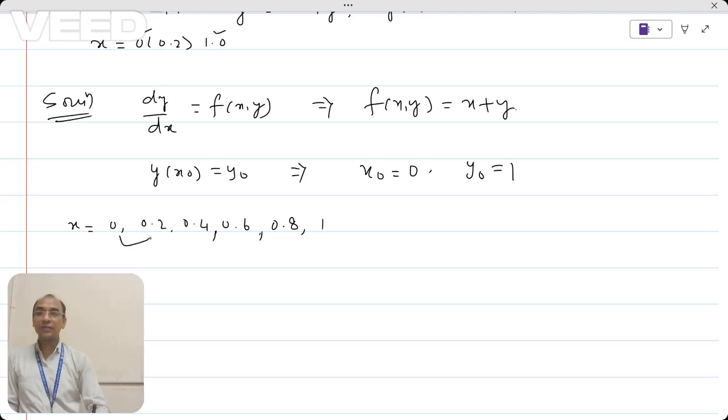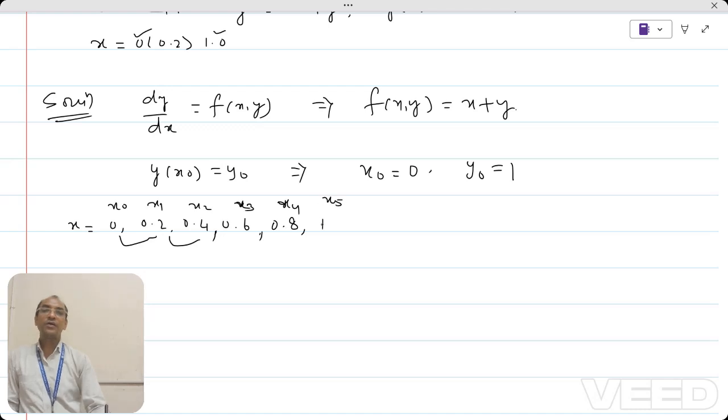What is the difference between these consecutive values? That will be my h. So this is my x0, this is my x1, this is my x2, this is my x3, this is my x4, and this is my x5. I want to find the y5 value at x5.